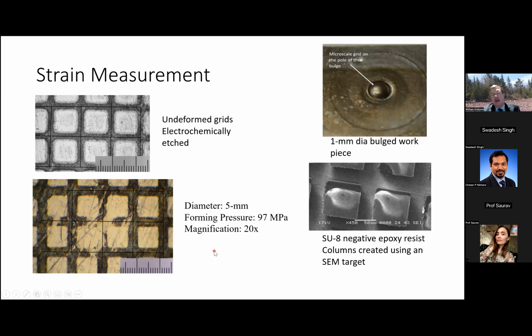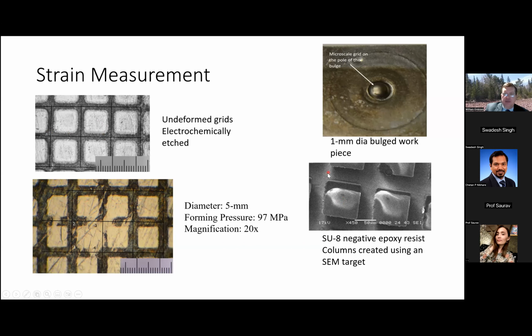So we wanted a better method for measuring strains. We developed an electrochemically etched microscale strain grid measurement system. One of my grad students did that as well. He contacted the Louisiana Accelerator Center, and they had the equipment for spinning SU8 onto workpieces.